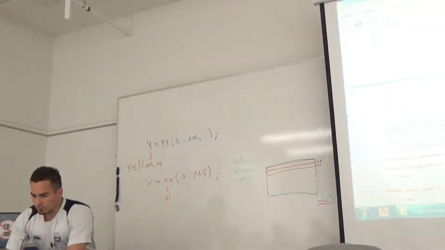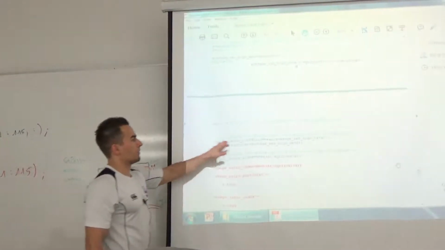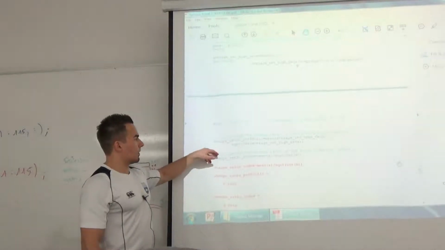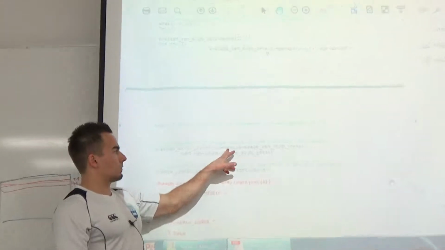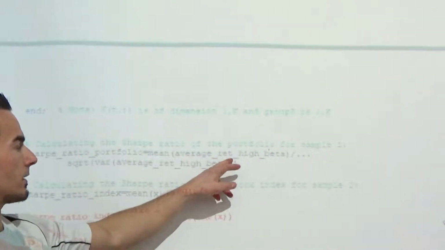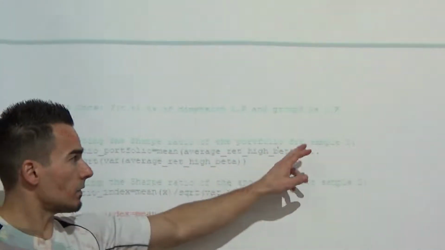So what do we do then? It says again here, calculate the Sharpe ratio of the portfolio for subsample 2. It's the same thing that we have already done. Yeah? Sharpe_ratio_portfolio should be the mean of average_return_high_beta of this high beta stock portfolio divided by the volatility, yeah?